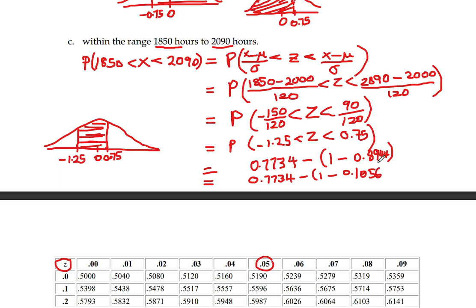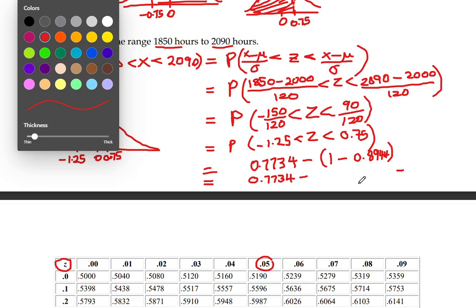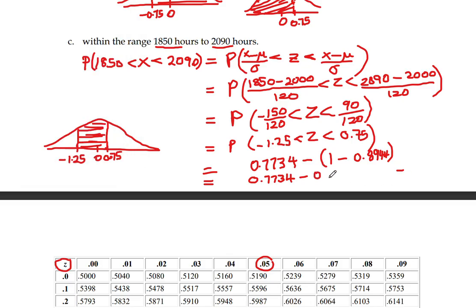So 0.1056, there we are. And so this will now give us, let's just tidy this up a little. So 1 minus 0.8944, all of that actually gives us 0.1056.